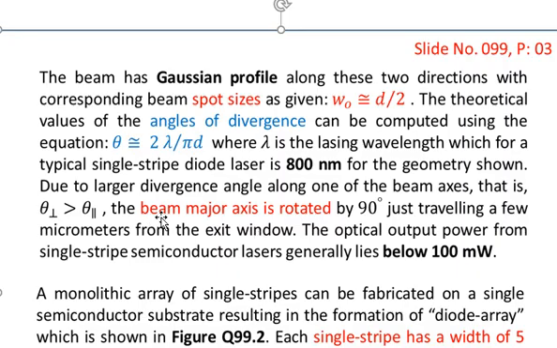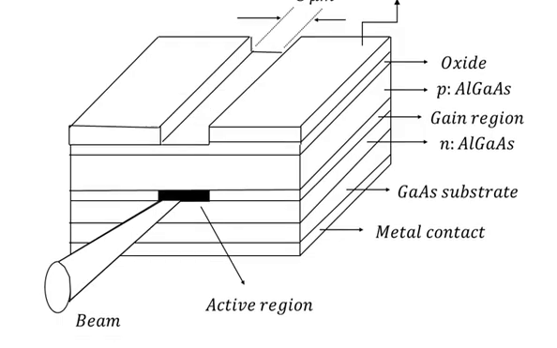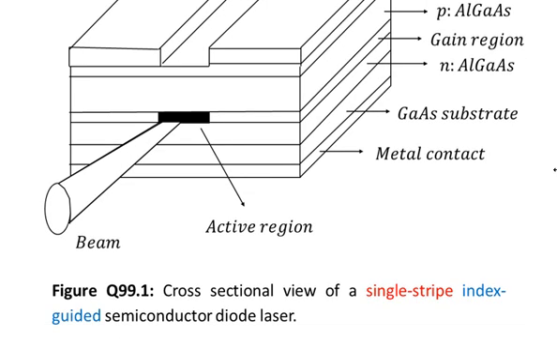So you will notice a point over here that the beam major axis is rotated by 90 degrees. For example, in this diagram, the major axis is along the horizontal direction, and along the vertical direction we have the minor axis.